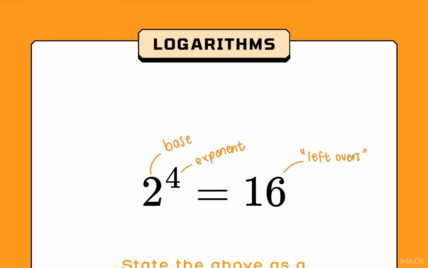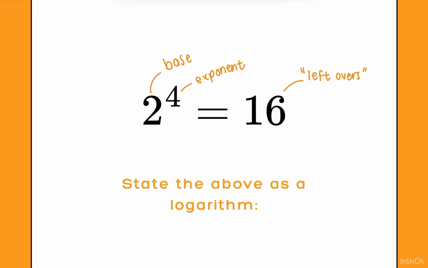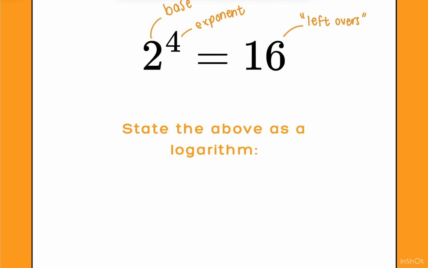if it was an equation. Now I've asked to state the above as a logarithm. So put it from exponential form into log form. What you have to remember when you do this is that there's this one saying that I always use: your base stays the same, and your exponent goes alone.